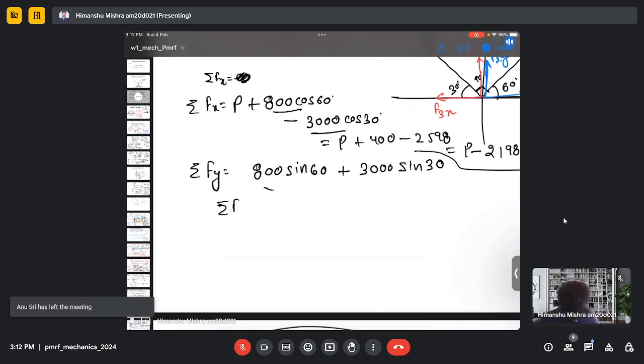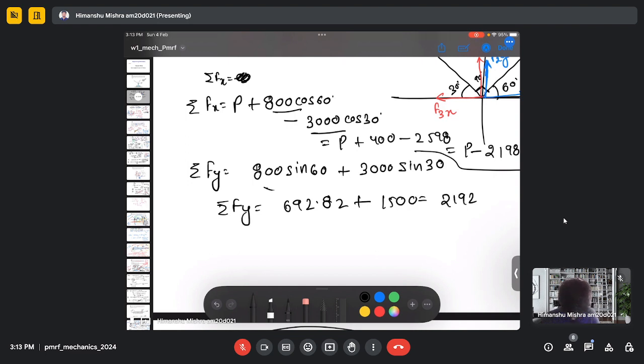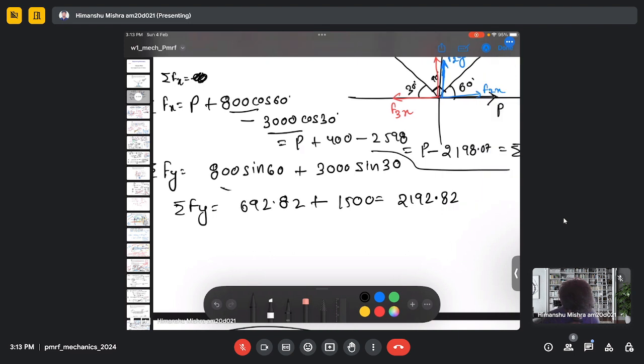The force in the y direction can be written as 692.82 plus 1500, which is 2192.82 Newton.